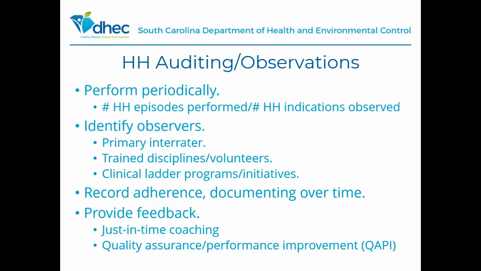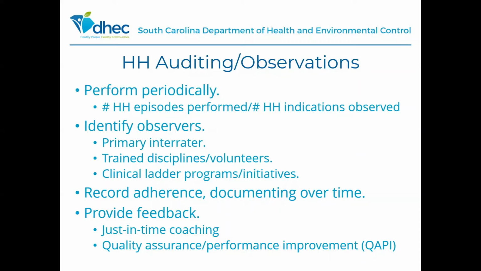You should identify your observers. You should have a primary iterator. And what I mean by that is somebody who is very knowledgeable about patients observed and understands the indications, which will be your infection prevention nurses. But you should train other disciplines and volunteers to also do some observations, because as your infection prevention control nurses go out and do the observations, it's going to have the Hawthorne effect.